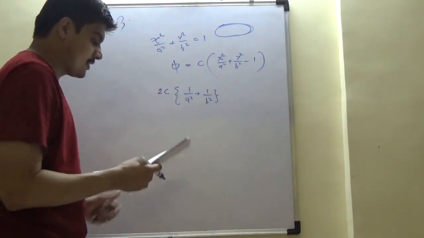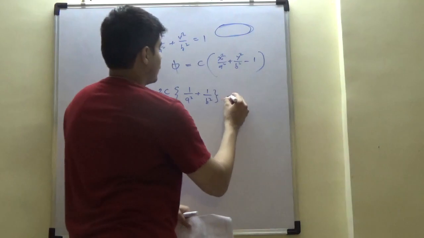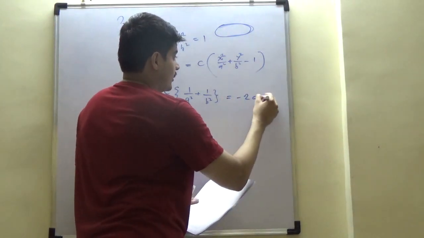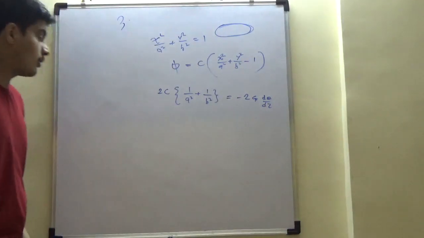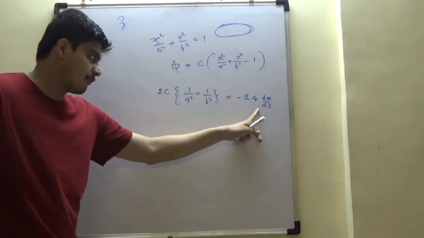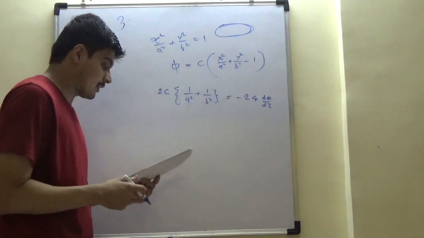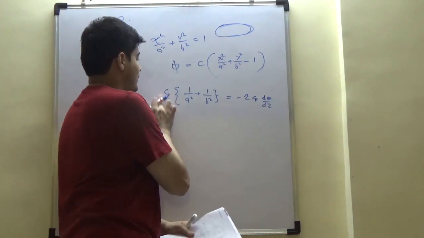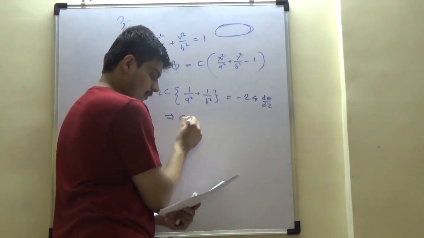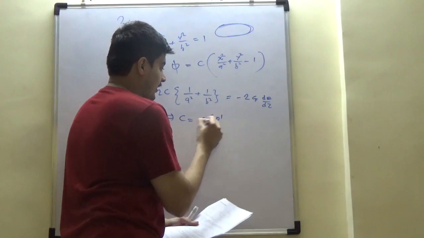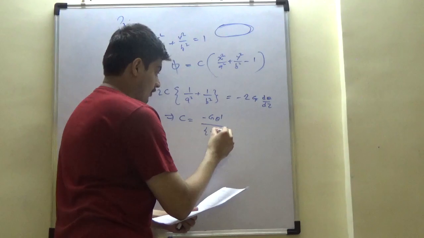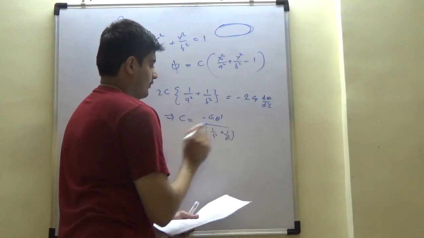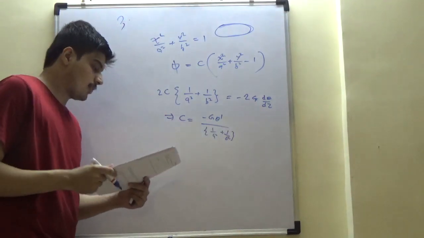Y square is here, is going to be minus of 2g d theta by dz. This analogy, del square phi is equal to a constant, and this constant is minus 2g theta dash. See our theoretical framework, which means c is nothing but g theta dash. We will start calling this theta dash. 1 upon a square plus 1 upon b square. This is the constant that is known.